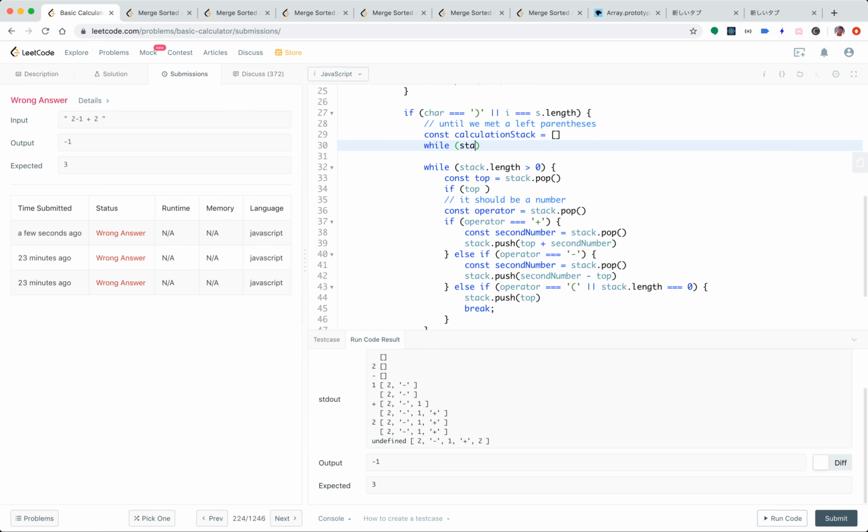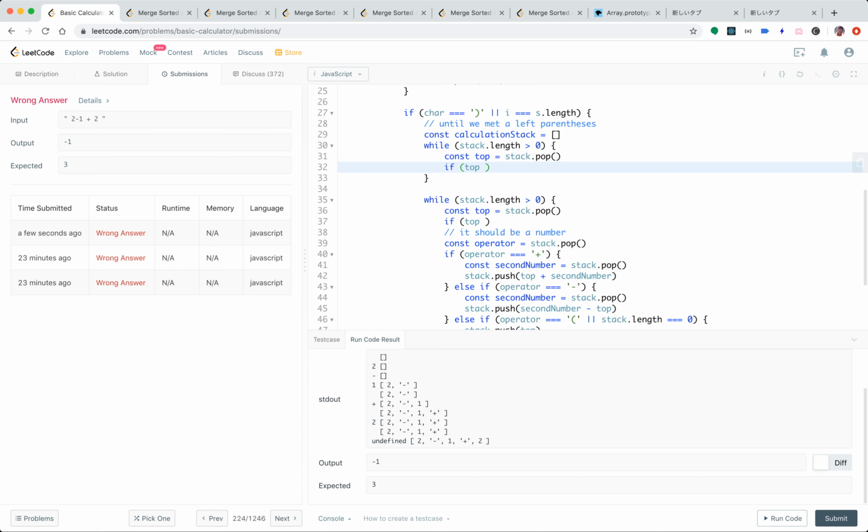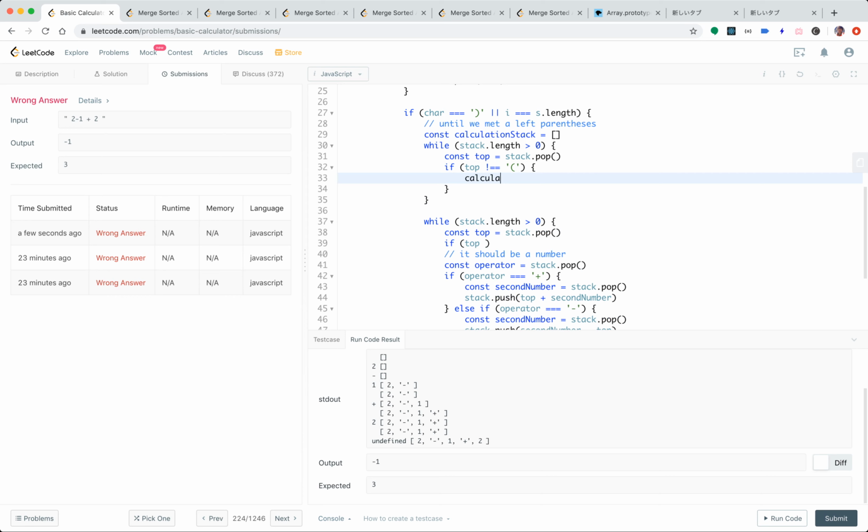While stack length, there is anything, and then we pop the top. If top is not left parenthesis, I'll push it to the calculation stack.